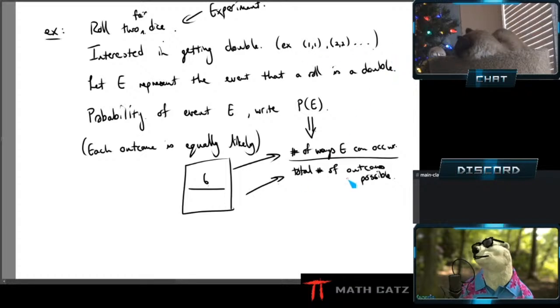The total number of possible pairs of numbers that I can get, you can think of, well, I have 6 ways for the first one, 6 ways for the second one, 36 possible pairs. Now, I don't care about simplifying this right now. In this case, because I chose something nice and simple, it simplifies. In other cases, it won't. Regardless, I get a fraction.